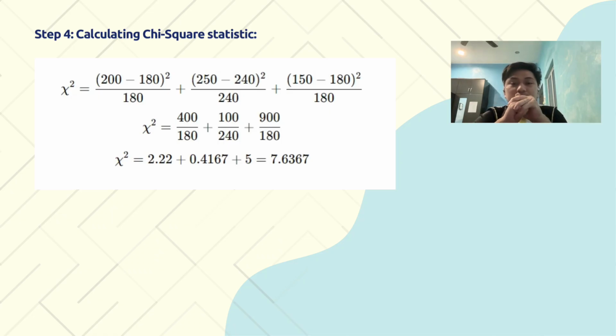In a complete test, we would compare this final value of 7.6367 against a critical value from a statistical table to make our final decision on whether to reject our null hypothesis. That concludes the step-by-step mathematical breakdown for our chi-square calculation. Thank you.